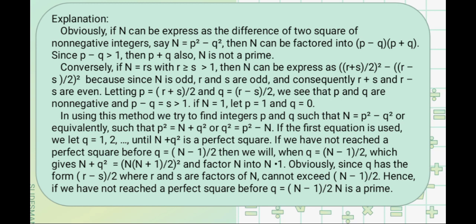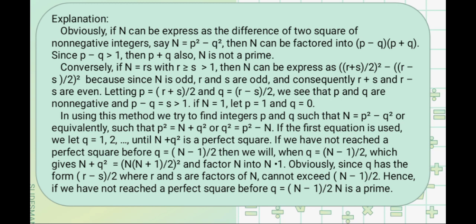So kana gina-factor nato if n can be expressed as the difference of two squares of non-negative integers, which is the formula nga siya ni Fermat. Okay, mao na siya Fermat's method. Okay, and then unsa man natong gibuhat sunod, di ba, atong gi-factor out. So mao na siya ang n nato kay ma-factor out into p minus q and p plus q. Okay, so since p minus q is greater than 1, then p plus q also, and then n is not a prime.